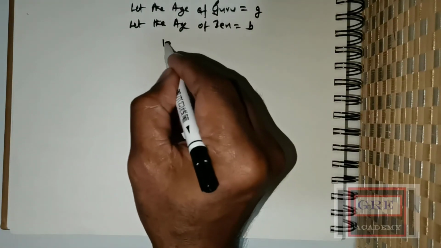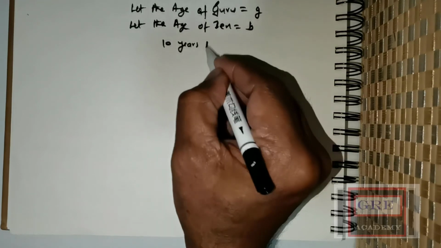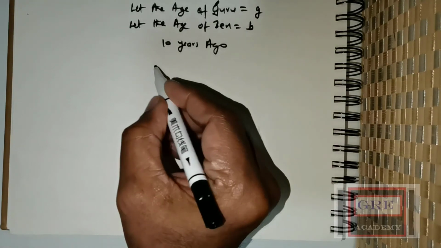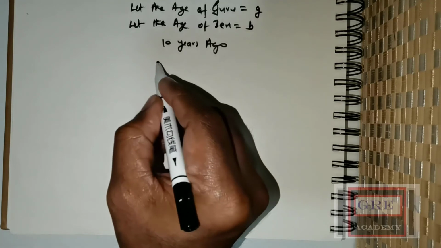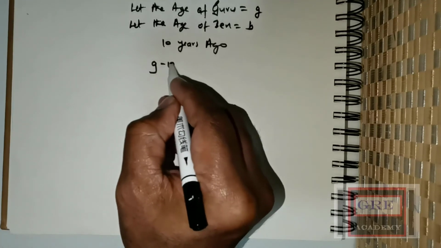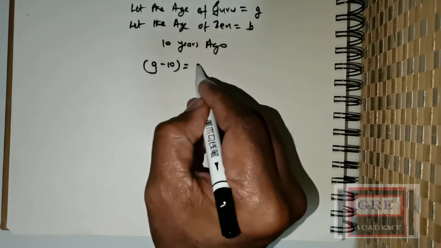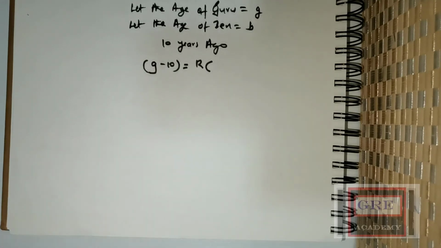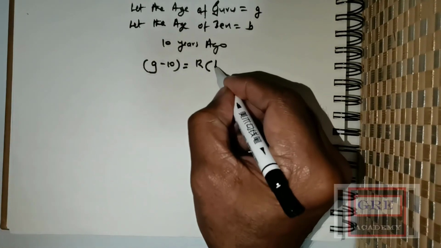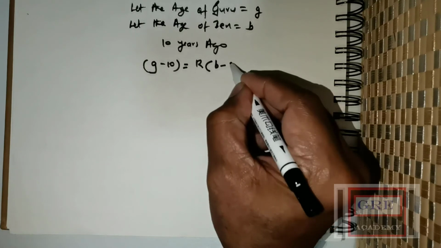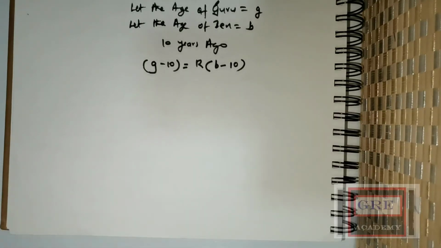Now 10 years ago, Guru was R times as old as Ben, so G minus 10 equals R times B minus 10. So this is the equation that we need to have.